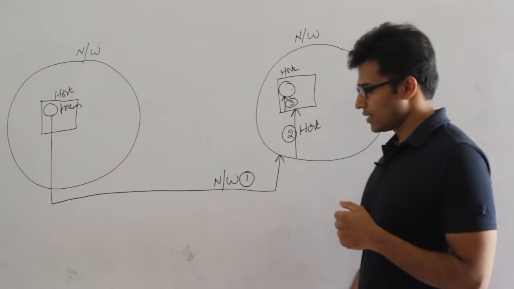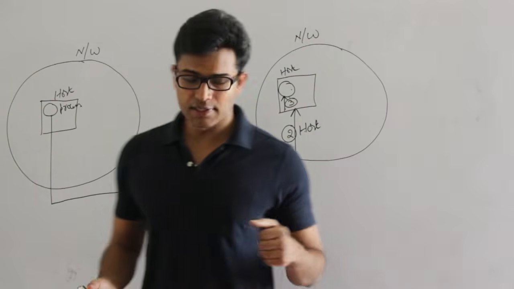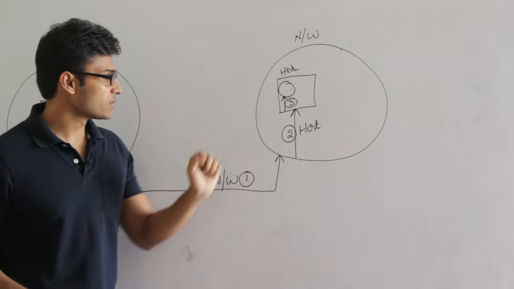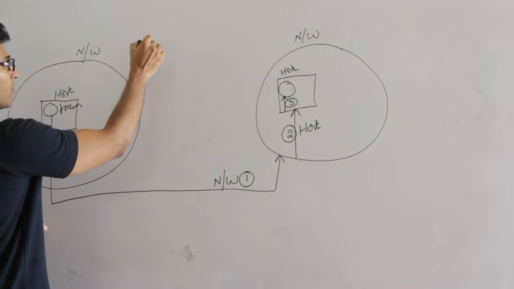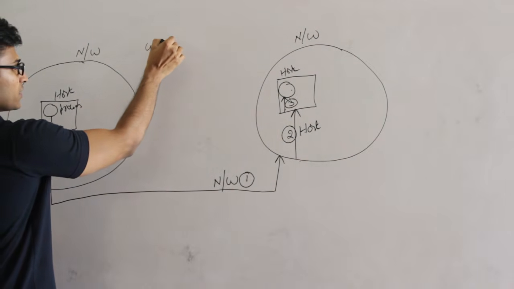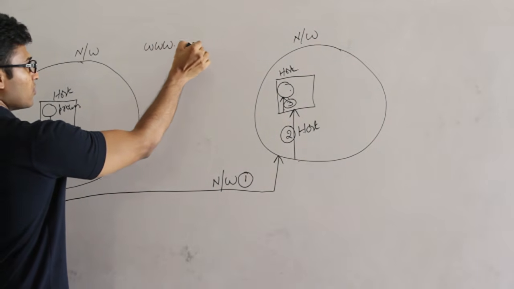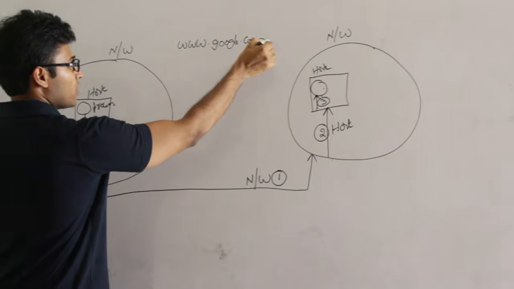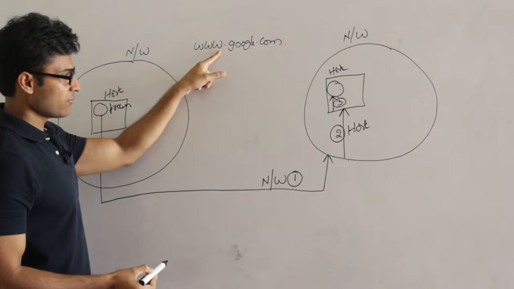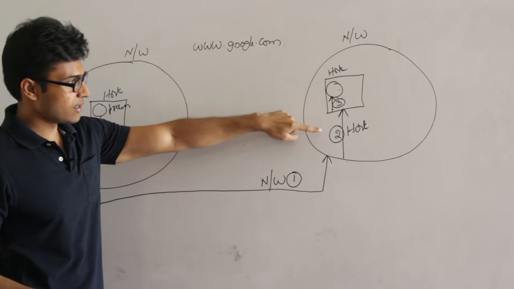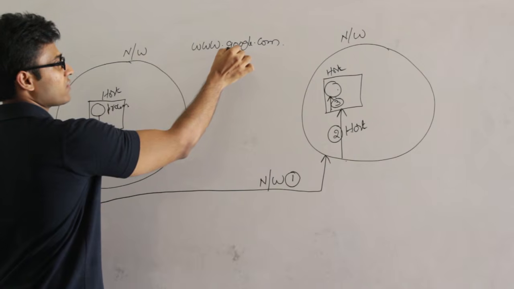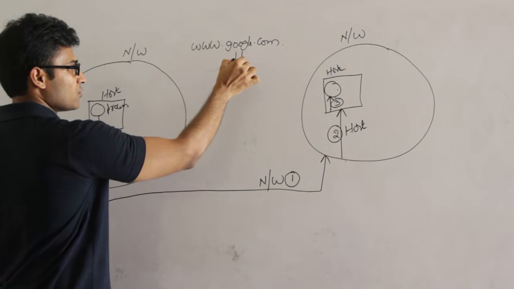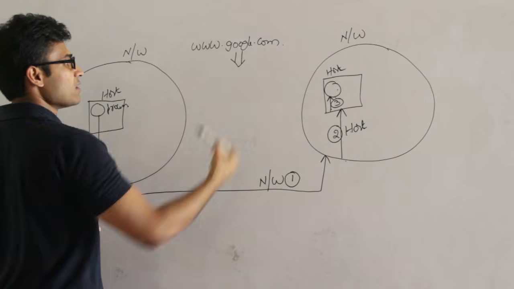So in order to identify the destination network and destination host, you have actually given only www.google.com, the domain name, right? So you gave only this www.google.com, and now using this domain name we have to identify the network and then the host and then the process, right? So somehow we have to convert this domain name into some numbers so that it can be identified.